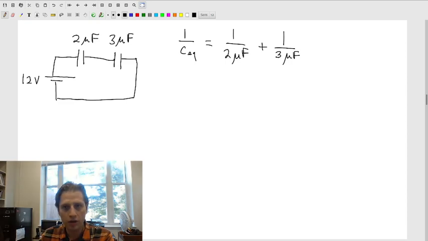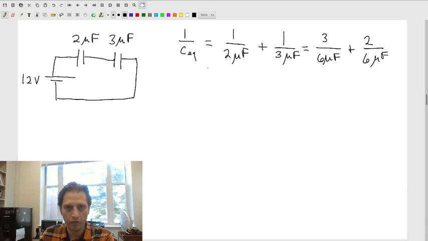2 and 3, if I want to have a common denominator, it would be 6. So multiply both top and bottom by 3 would give me 3 over 6 microfarads, plus multiply top and bottom by 2, 2 over 6 microfarads, and so I get 1 over my equivalent capacitance. 3 plus 2 is 5.